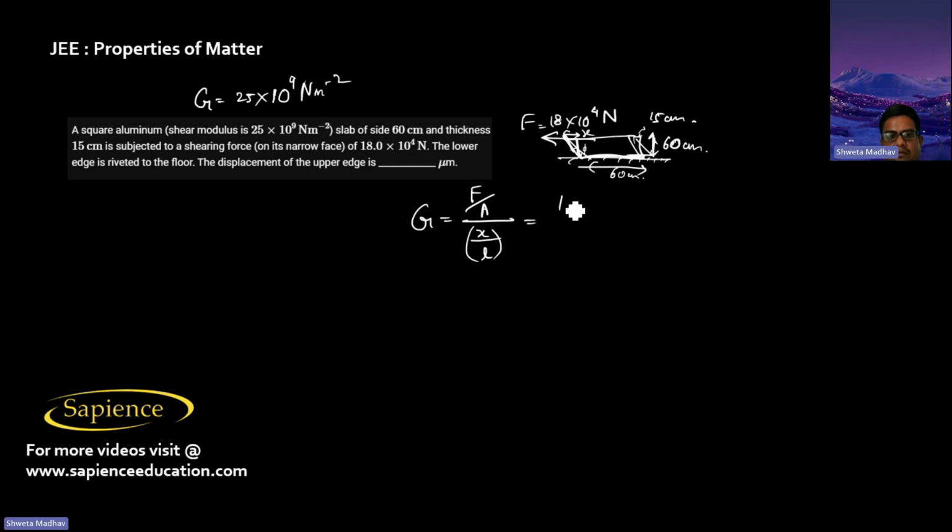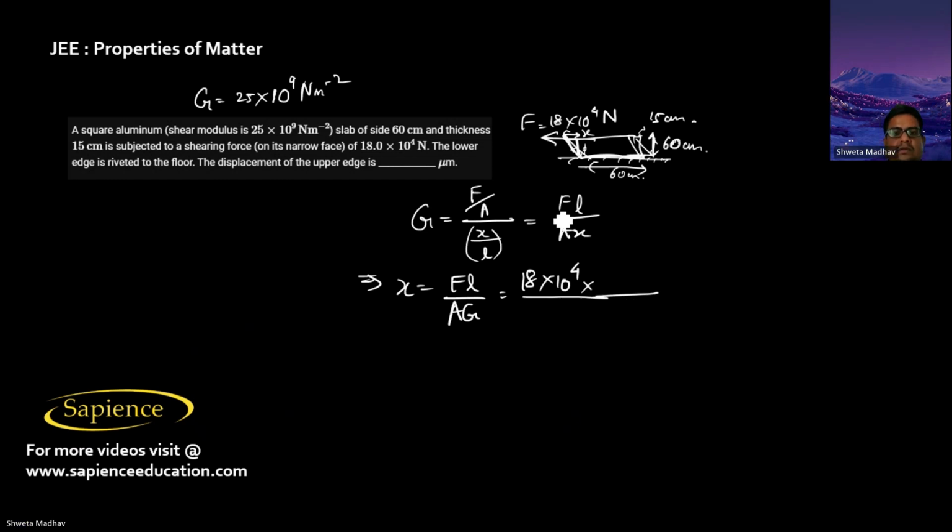So this will be FL by AX. So the displacement, which is x, will be equal to F by AG. So the force that is given as 18 into 10 power 4 Newton divided by the area, which is L into the thickness, where the side length L is 60 centimeter, which is 0.6 meter.